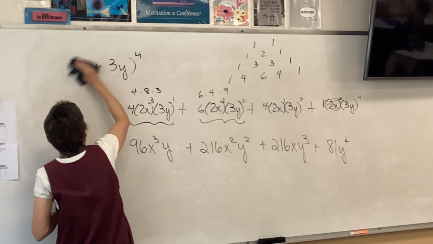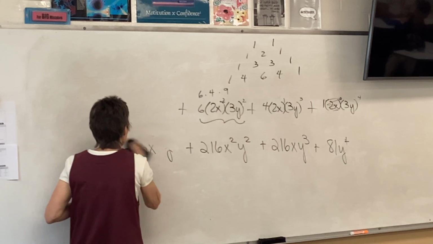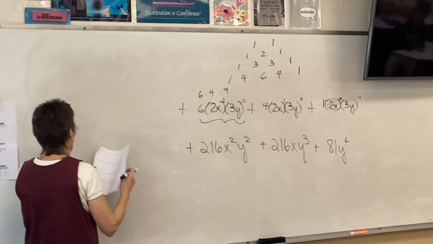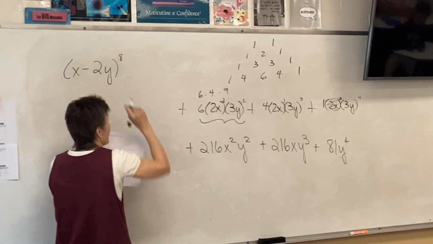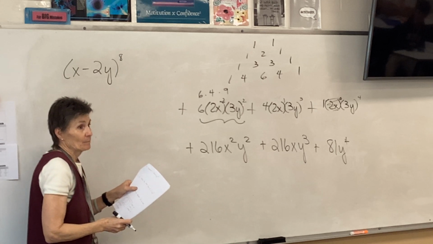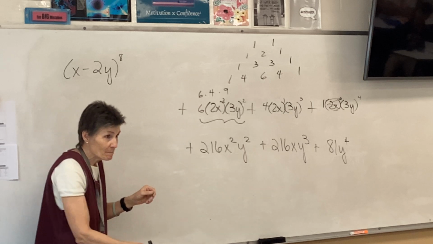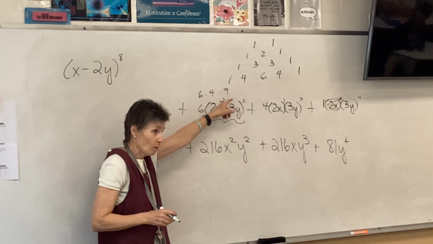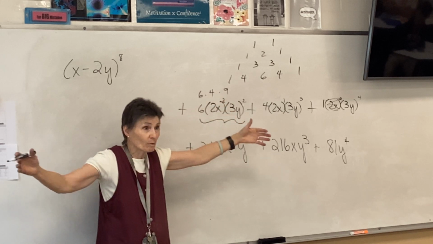Now, the next problem is about the same thing, except luckily we don't have to write out the whole deal because this one is to the 8th. And you understand what that means. If it's to the 8th, we need the 8th row of that triangle, and there's a lot of numbers in the 8th row of that triangle.